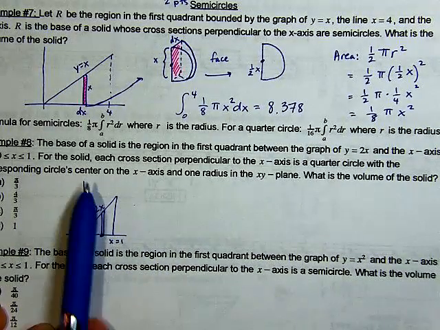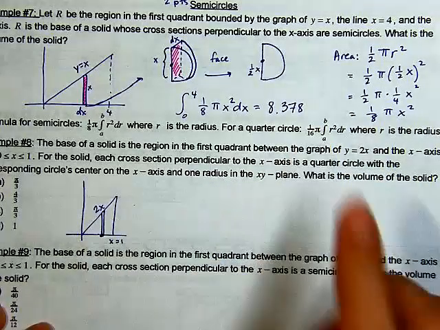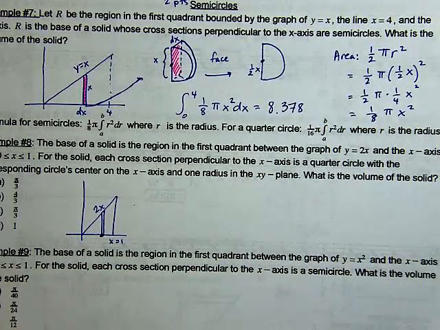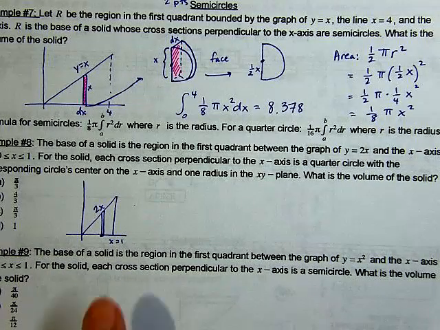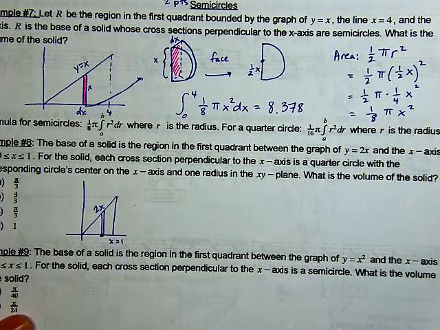So this is the xy plane, the piece of paper. So we'll go ahead and use the formula for quarter circle. And because this is a quarter circle, this time you will have this as your full radius.